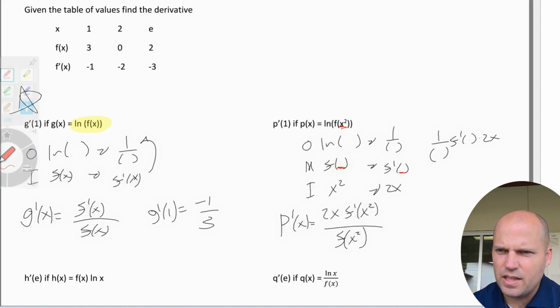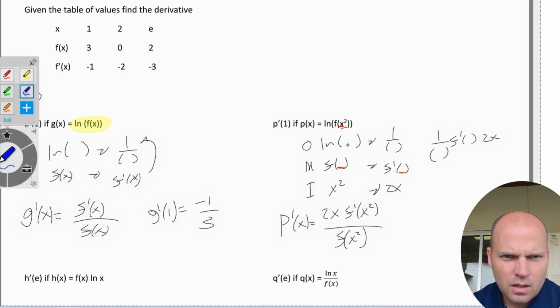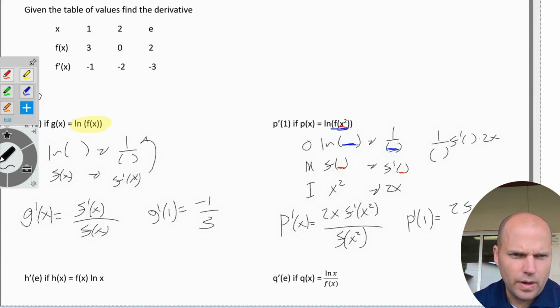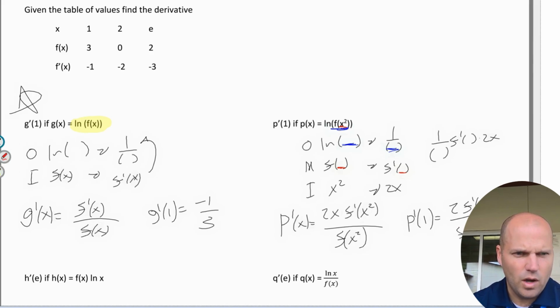What started in the log stays in there, which was the f of x squared. So that's why I got f of x squared. Plug in 1 and I get 2 f prime of 1 over f of 1, so it's negative 2/3.